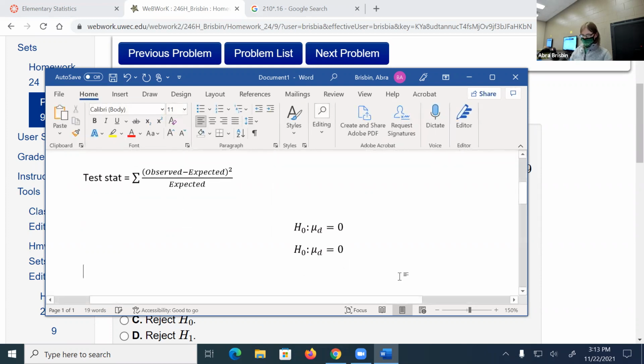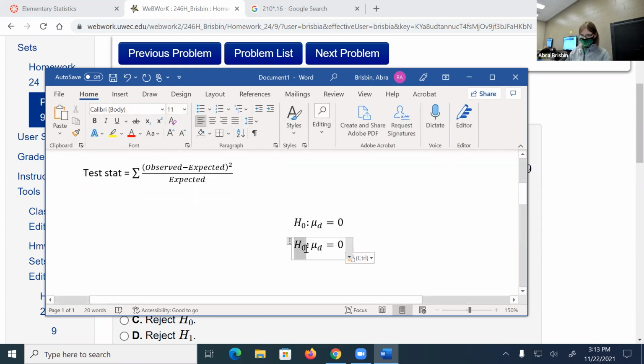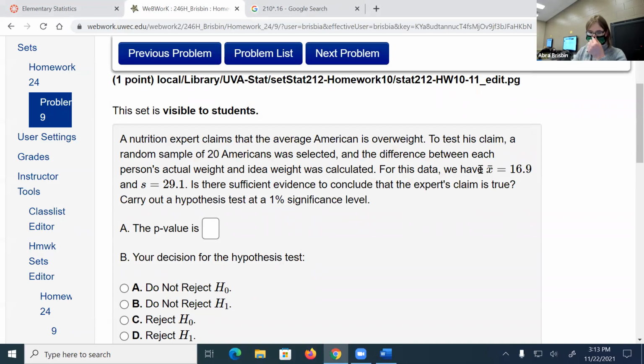And for the alternative hypothesis, let's see. So it looks like we've got actual weight minus ideal weight.